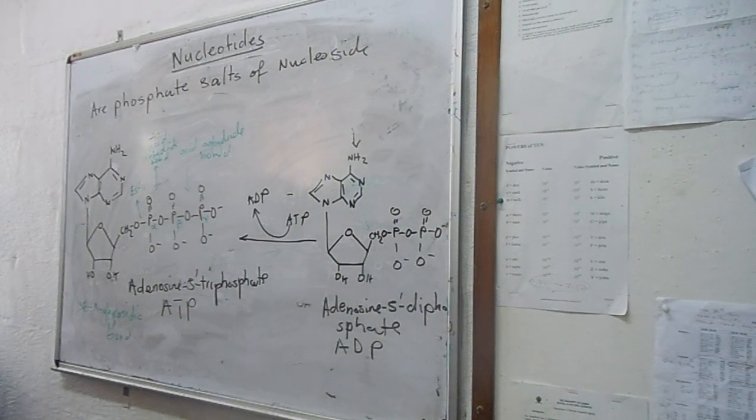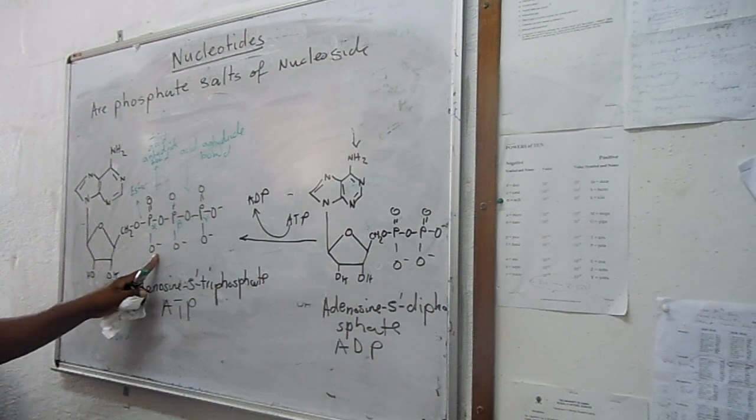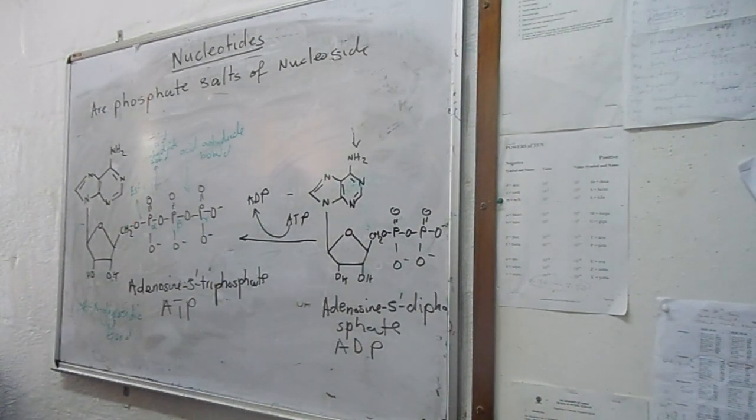In a nucleoside, you have a nitrogenous base and a sugar. In a nucleotide, you have a nitrogenous base, a sugar, and a phosphate. You may have one, two, or three phosphates.